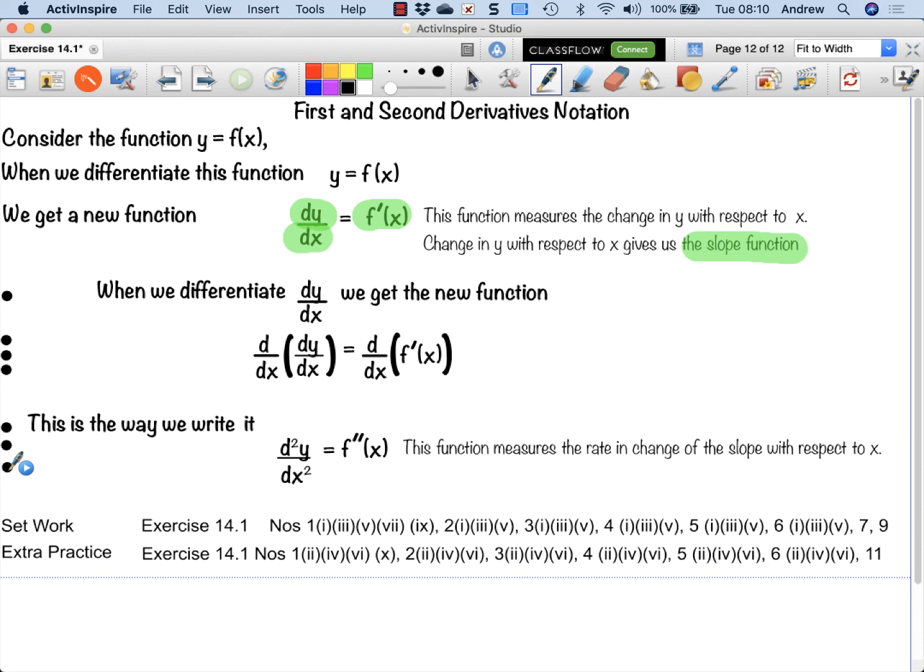Okay, so I now need you to do exercise 14.1. Basically whip through these questions here.